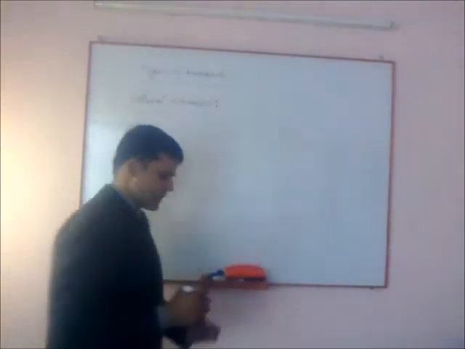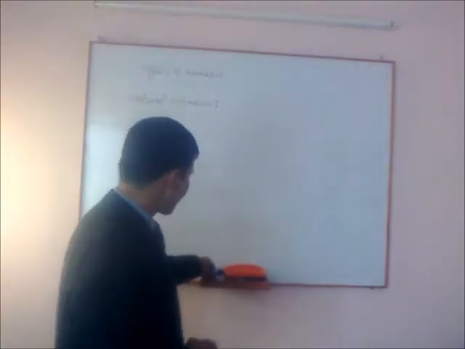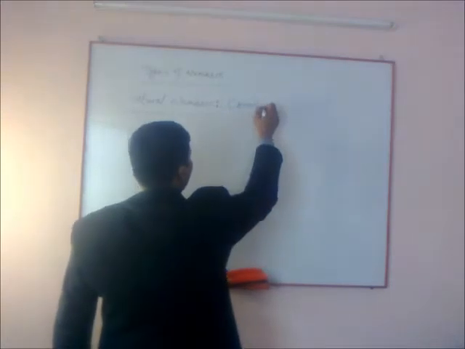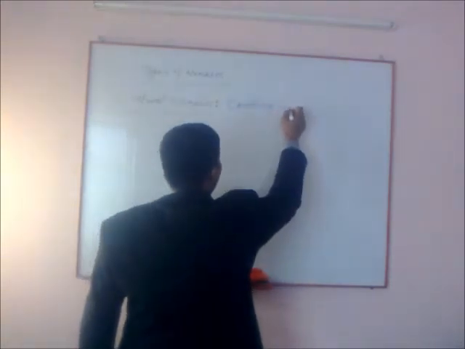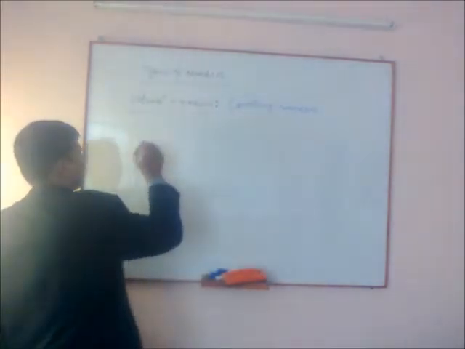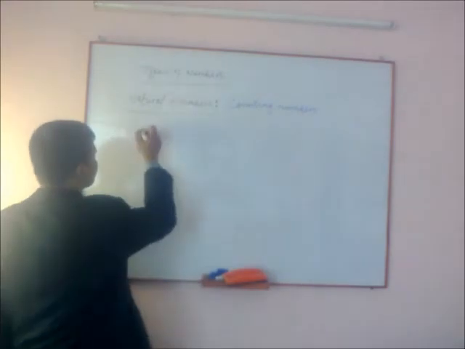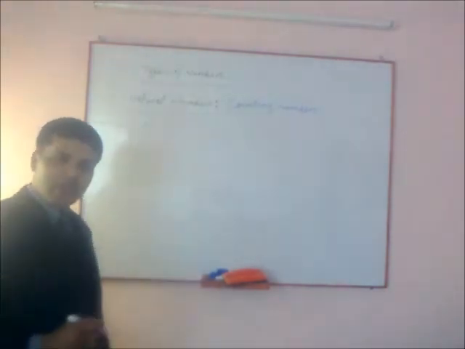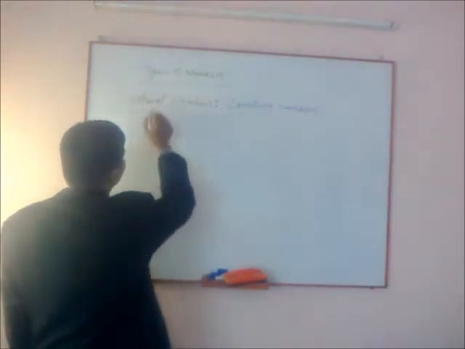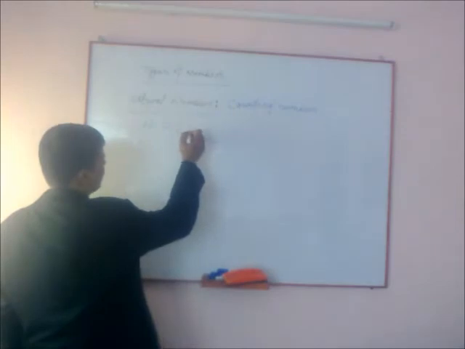Natural numbers are basically counting numbers. They are used for the purpose of counting. And the set of natural numbers or counting numbers is denoted by N. So N equals, we start counting numbers with 1.